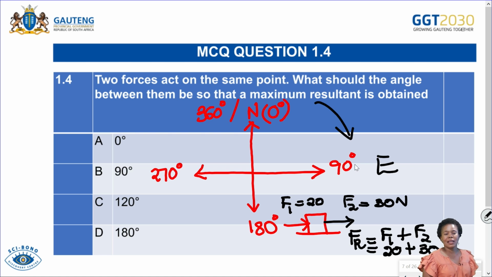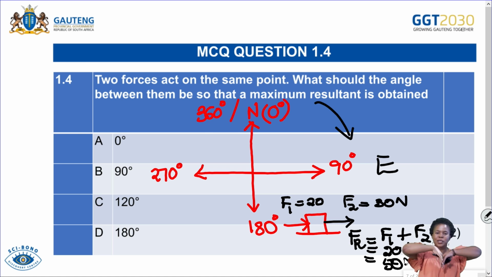Be reminded that both of them I'm giving a positive sign because they are in the same direction. In this case, there's no angle between them. They're going to be giving us a resultant of 50 newtons to the east.